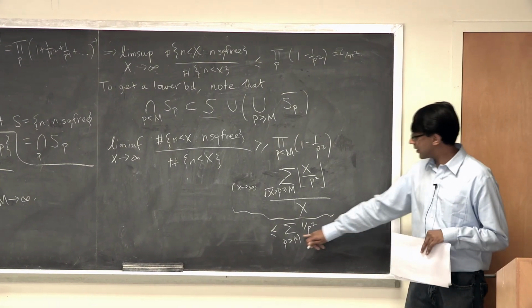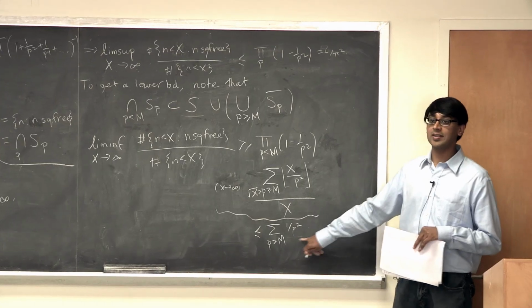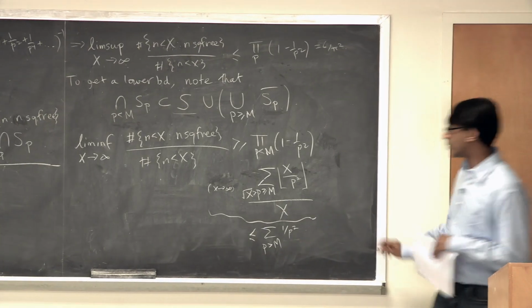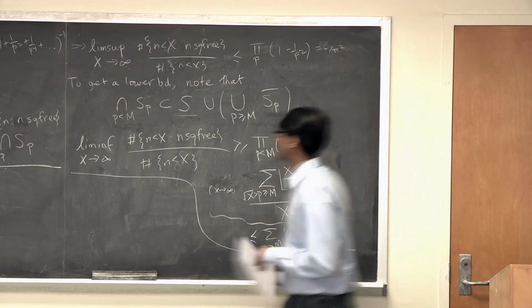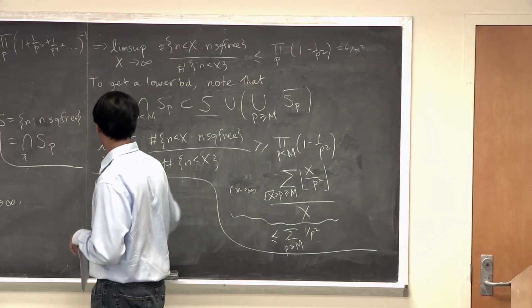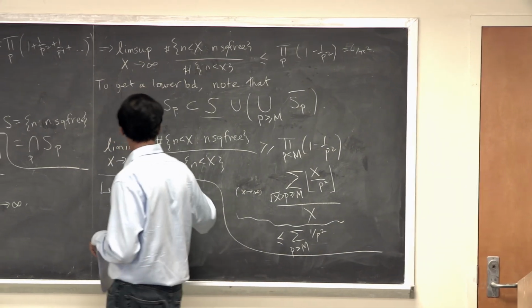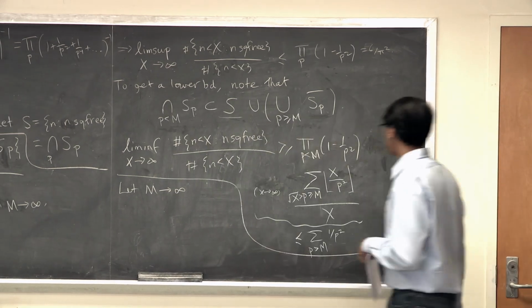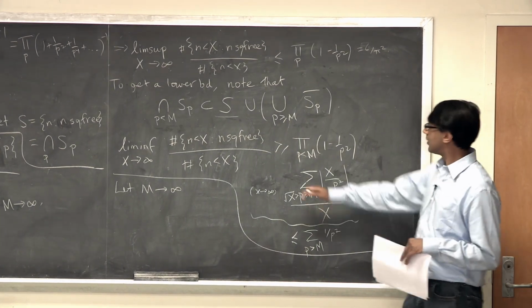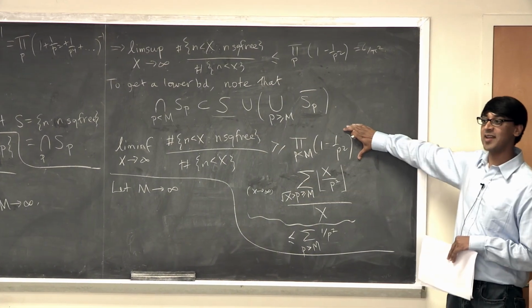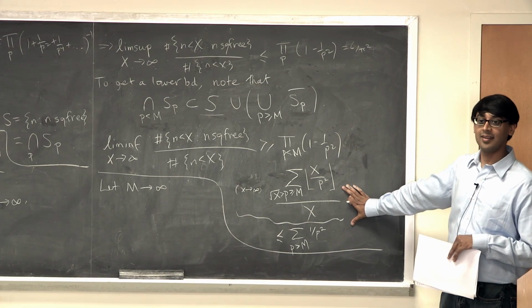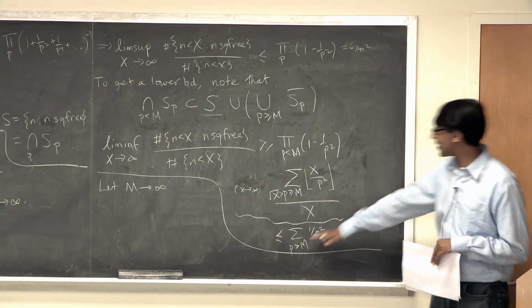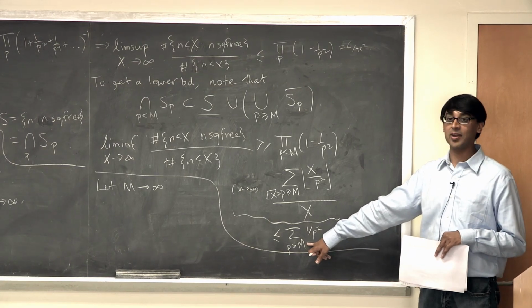And the significant thing here is that 1 over p squared converges. So if you let m go to infinity, this thing approaches 6 over pi squared, and this thing approaches 0, because we're summing a convergent series starting at a higher and higher point.